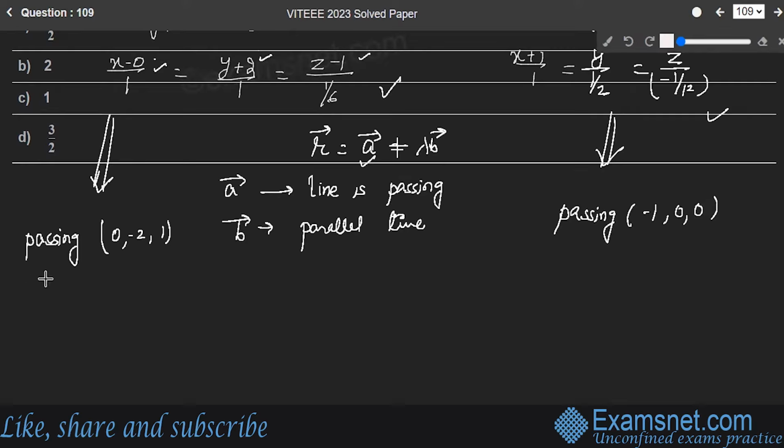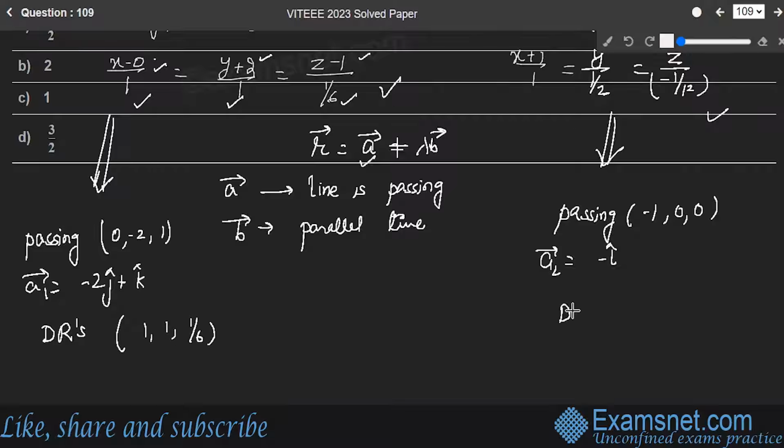Now, the parallel line. For this, the a vector will be given by minus 2j plus k. Let's say this is a1, and the a2 vector for this will be given by minus i cap only. Fine. Now, direction ratios for this will be equal to 1, 1 and 1 by 6.